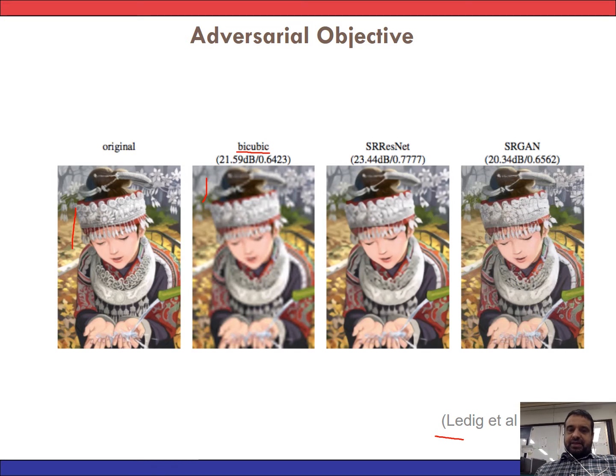This is another neural network architecture which generated one more realistic and sharper than this image. But here we can see that the GAN network generated the image which is more close to the real original image. So GAN has the capability of generating more realistic images by using its own adversarial loss or adversarial objective.